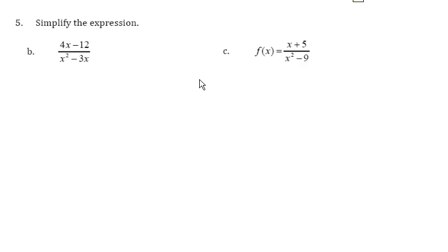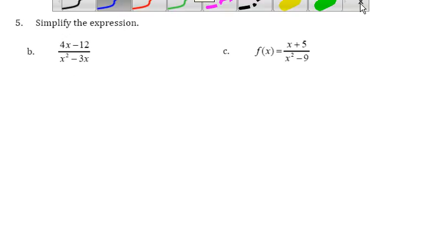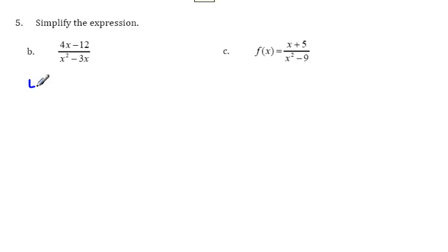Here we're continuing problem number 5, simplify the expression, which means we need to factor our numerator and denominator and then look to see if there's anything that will divide out. So when I factor the numerator, my GCF is 4. So I'm going to factor out a 4, and that leaves me x minus 3.